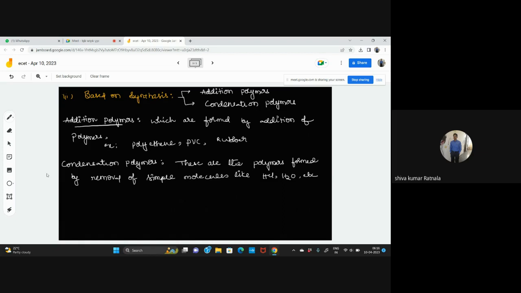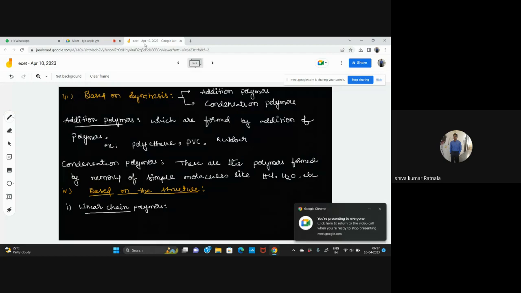Okay, next one, based on the structure. So based on the structure, what we can have generally, we are having different types, that is linear chain polymers. So linear chain polymers ఎలా ఫామ్ అవుతుందమ్మా?